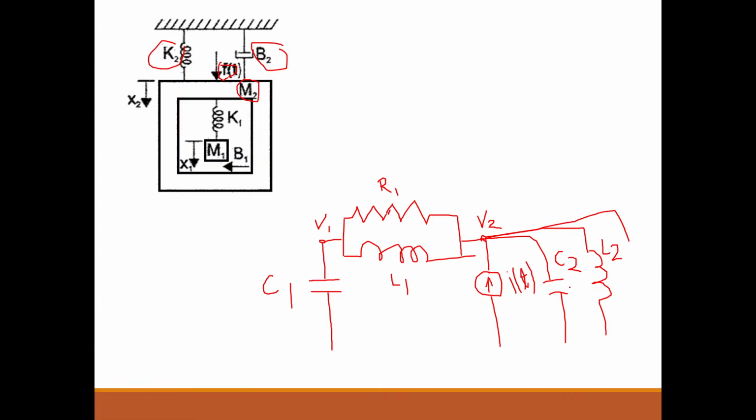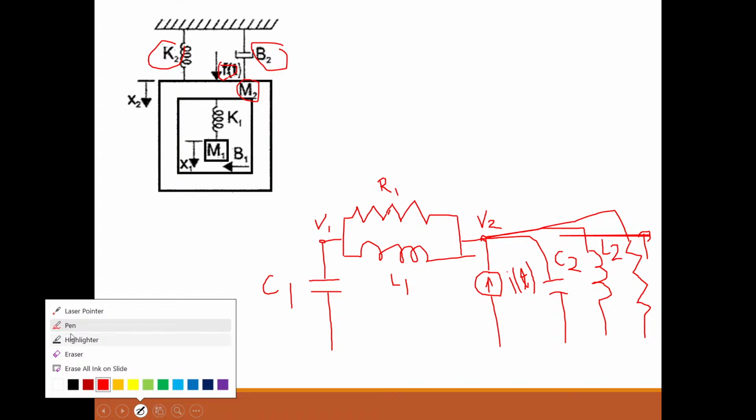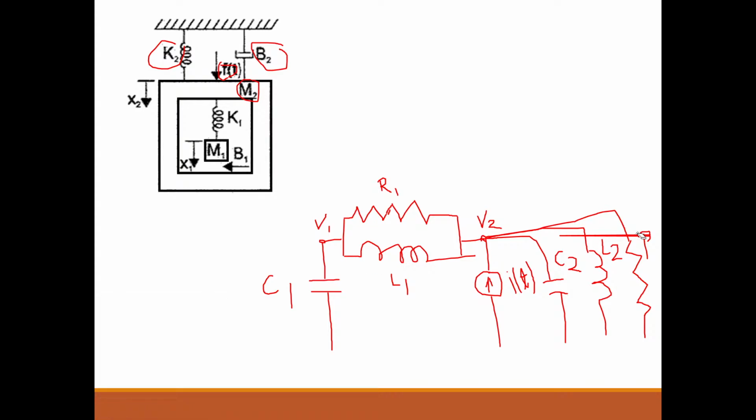Actually, there is no need for me to draw this diagram, but I am drawing it because I thought if I draw, it will be clearer to explain step by step. Whoever is watching this video will be able to understand this concept properly. So this is R2. That's it.